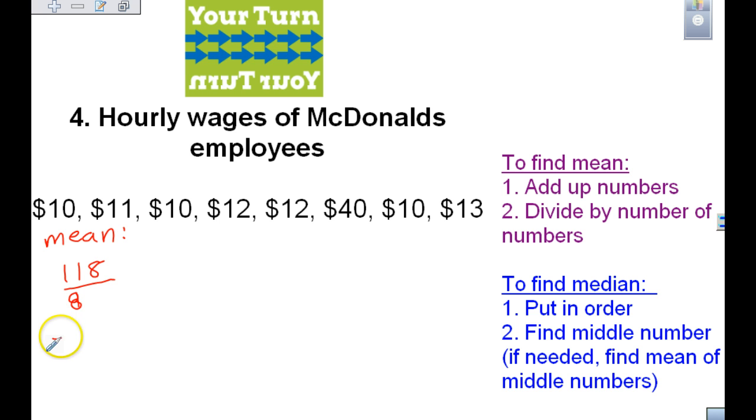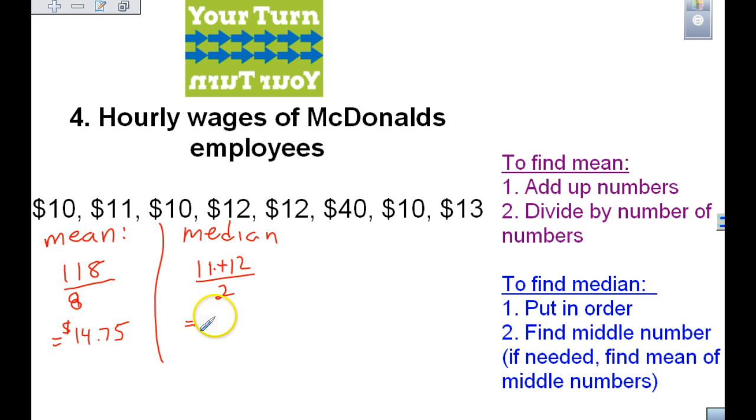Okay. So the mean comes out to $14.75. Median. Okay, so that means the middle 2 are 11 and 12 then probably. So you should have 11 plus 12 over 2, and you got $11.50.